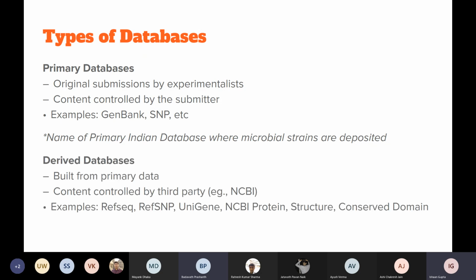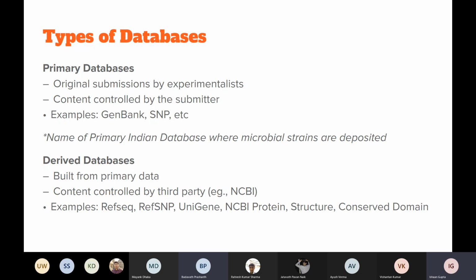The other databases which exist are called derived databases. These are databases built on primary data. So if you have submitted some data, somebody does the analysis, a bioinformatician typically does the analysis and creates some meta information about the data, and this is typically a controlled submission.